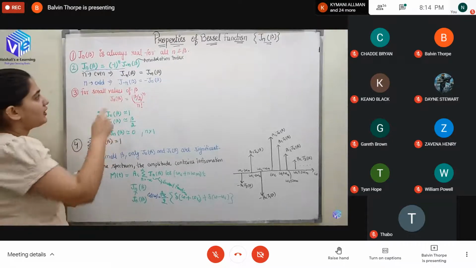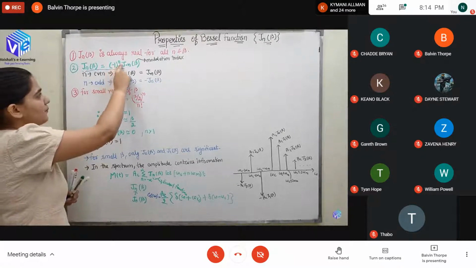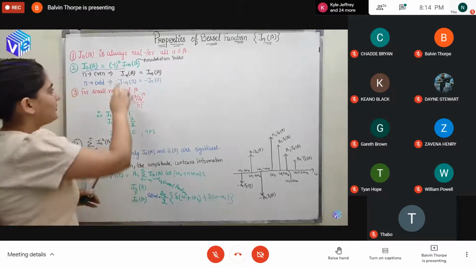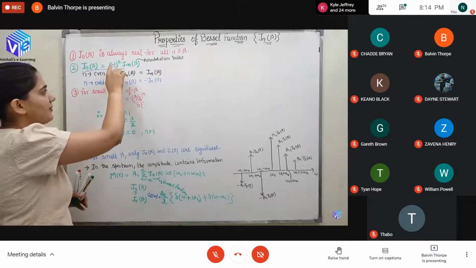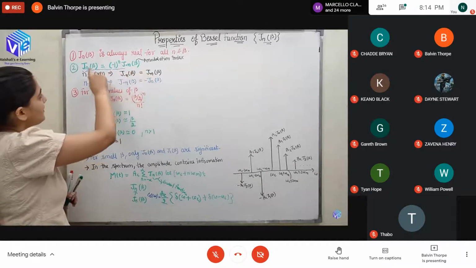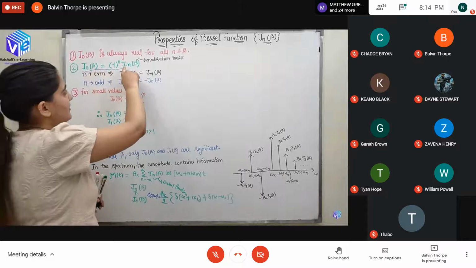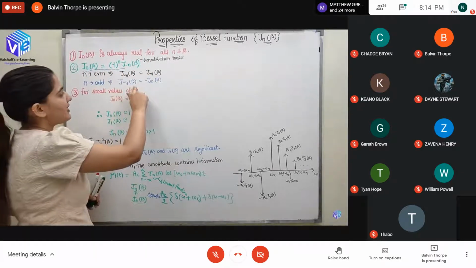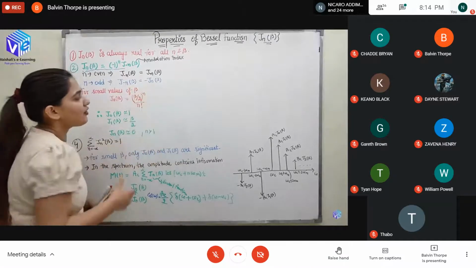N is odd. So for n equal to odd, I'll put this power to be odd. So when the power is odd, this minus 1 to the power odd would be minus 1 outcome. So J n beta would be minus of J minus n beta, or I can write J minus n beta is equal to minus of J n beta.